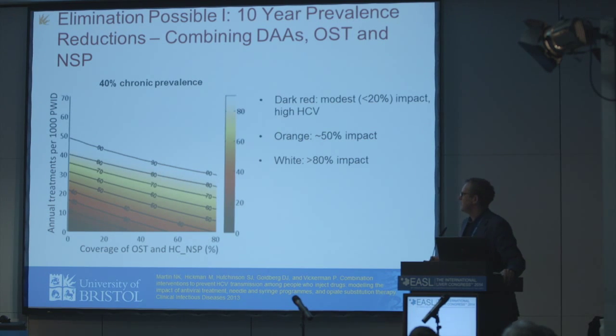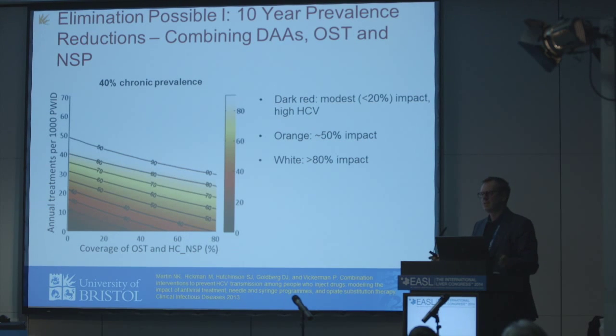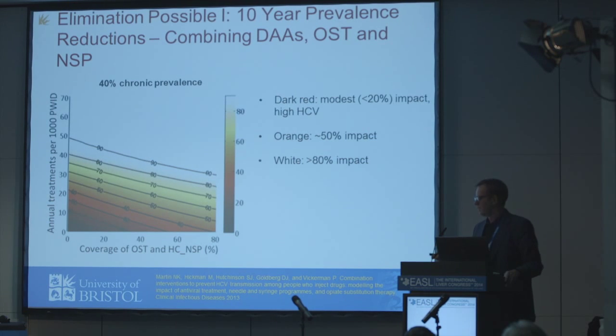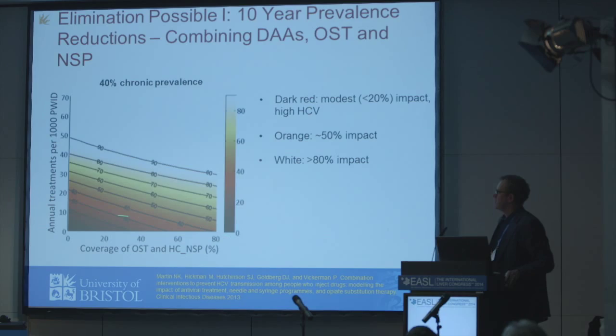So the key thing is that if you want to reduce hepatitis C prevalence by over 40% among injectors, you need to scale up treatment. So treatment is critical. But scaling up treatment and opiate substitution at high coverage, you can eliminate hepatitis C.